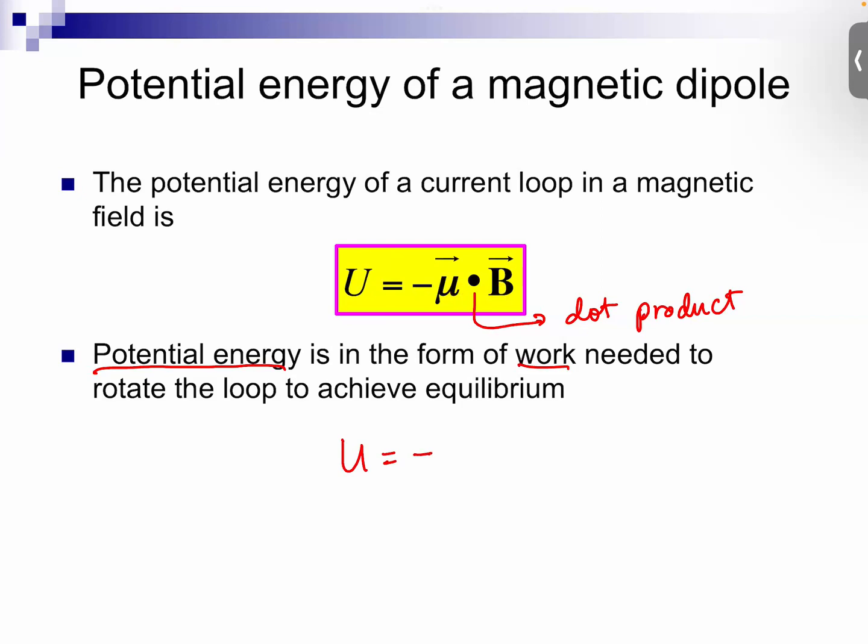So that's essentially negative mu times B times cosine theta, where theta, again, is the angle between mu and B. As we know, magnetic potential energy is a scalar quantity, and the dot product conveniently gives us a scalar quantity, so you don't need to determine a direction for the potential energy.